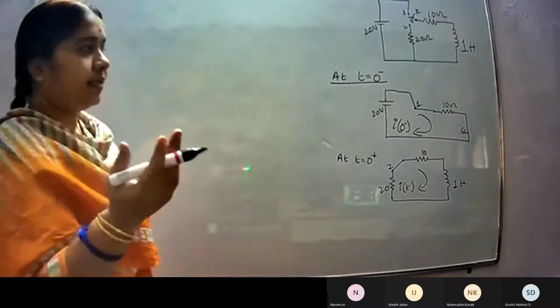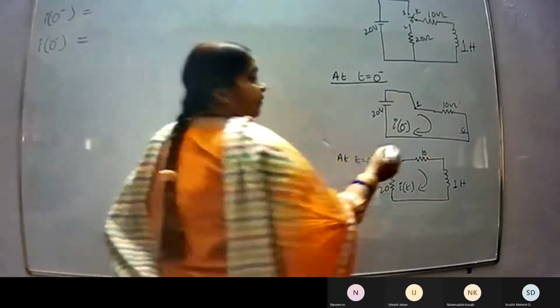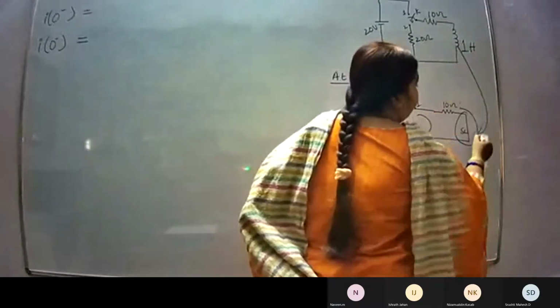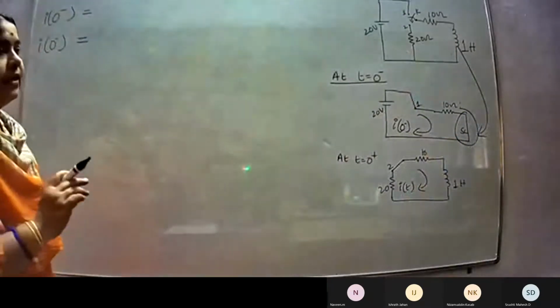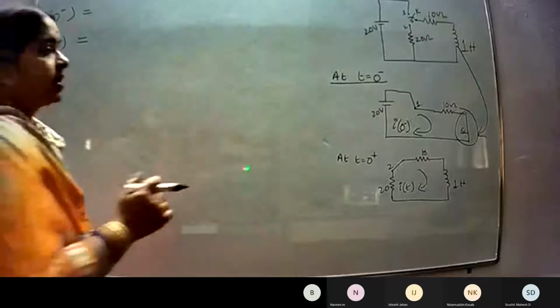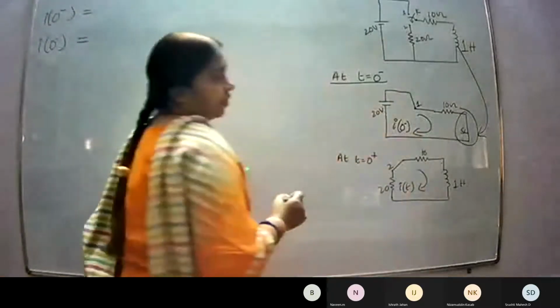When an inductor has reached a steady state, it will become a short circuit. That is important. Before this we had seen that at transient condition it will be an open circuit, but since it is connected to a source for a long time, it has become a short circuit.